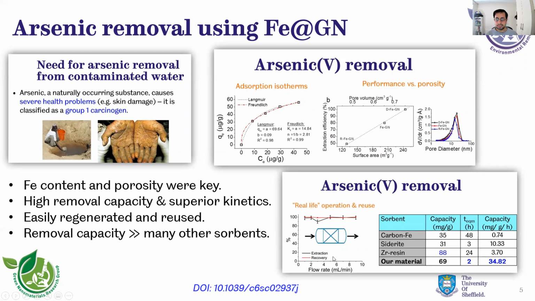Looking through dynamic systems as they would be in real life operation, we've seen that the extraction efficiency is extremely high and it remains high, and that these materials can be regenerated and reused, which is an exciting avenue for real life implementation. When we compare the kinetics and the adsorption capacity of our materials with other existing reports, we can see that our materials really outperform in both avenues combined together.